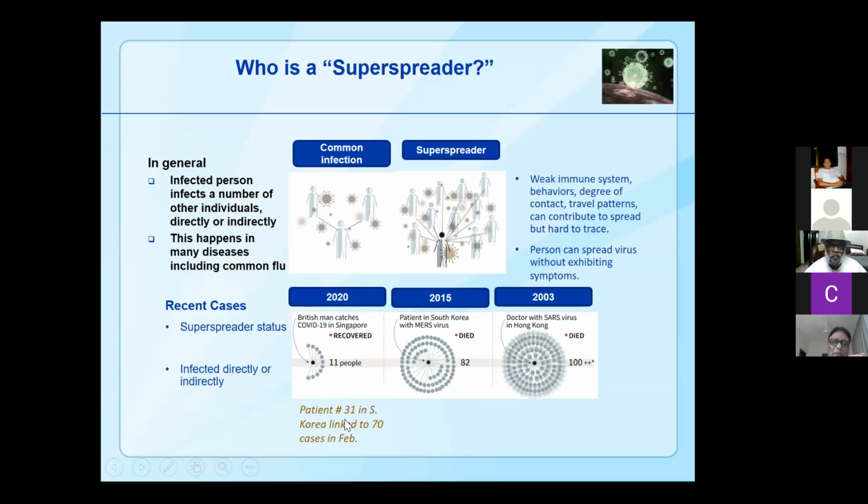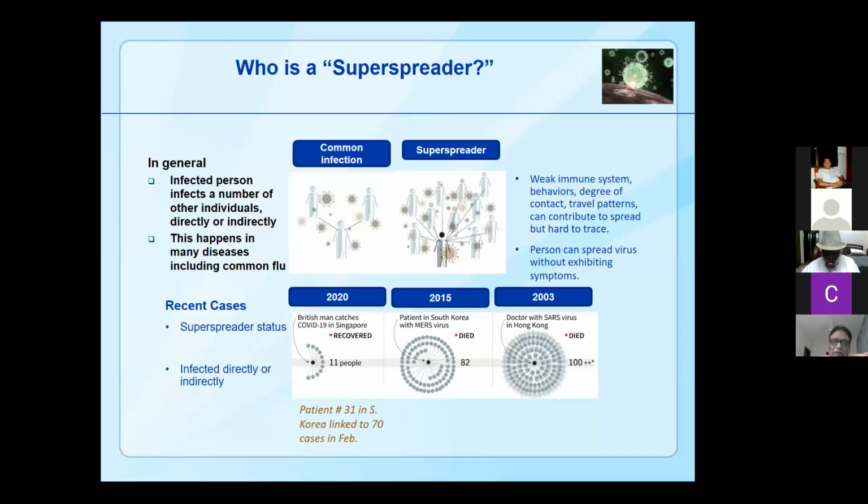Subsequently, we found that patient number 31 in South Korea was linked to about 70 cases in February. So you can imagine, subsequently, we have had many more super spreaders. We have had Baldev Singh in Punjab, who spread to more than 80 to 100 people. We had the Tablighi group which met in Delhi, a group which met from all over the world, and they went around spreading to so many people that they became one of the super spreader groups in India.